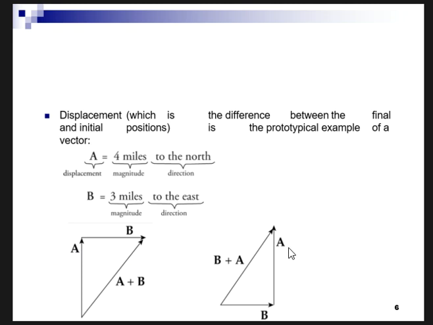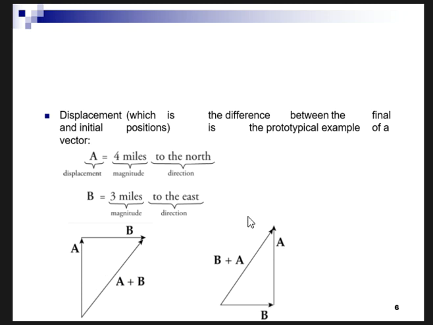For example, kita boleh lukis tadi 2 figure kat sini. This one for vector A, going outwards to the north. This one is 4 miles to the north. For B is 3 miles to the east. A plus B is the resultant, the combination of these two vectors.